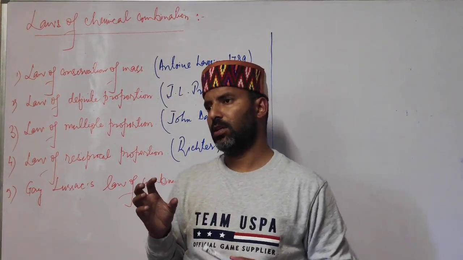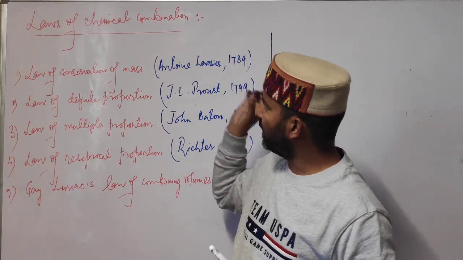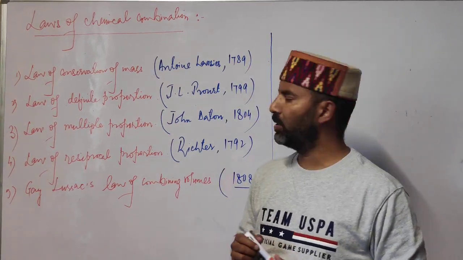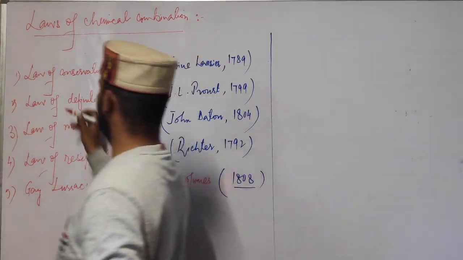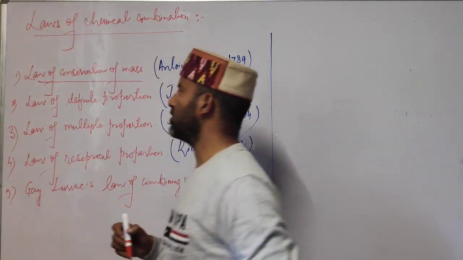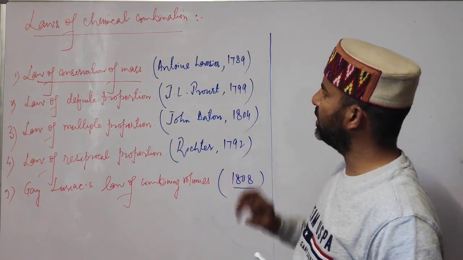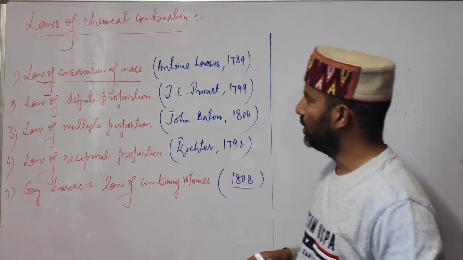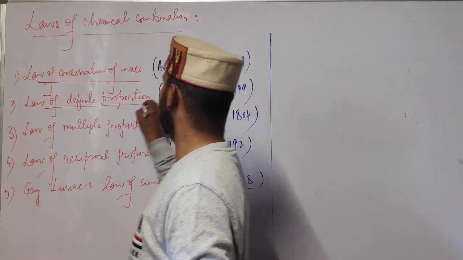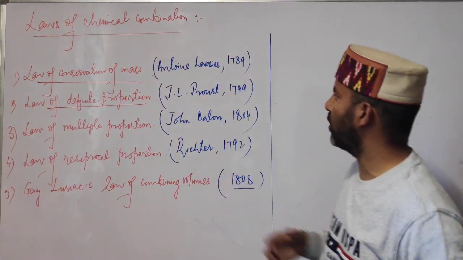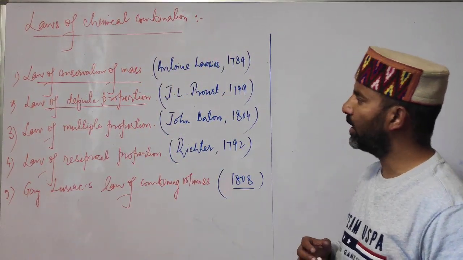So students, we have 5 laws of chemical combination. The first law is called law of conservation of mass. This law was given by Antonio Lavoisier in 1789. Then we have law of definite proportion, which was given by J.L. Proust in 1799.